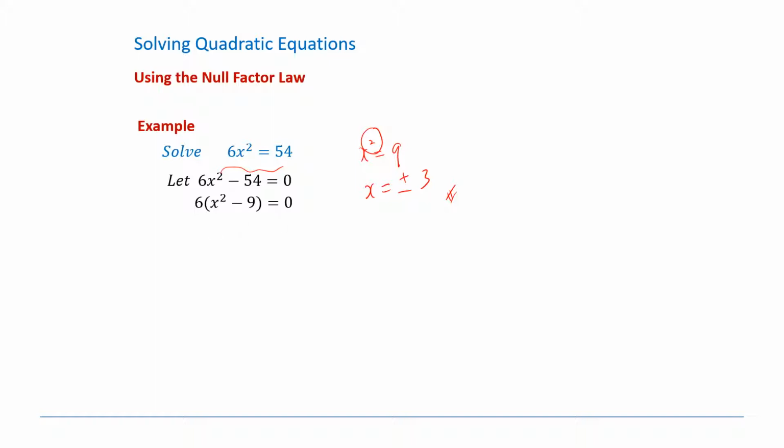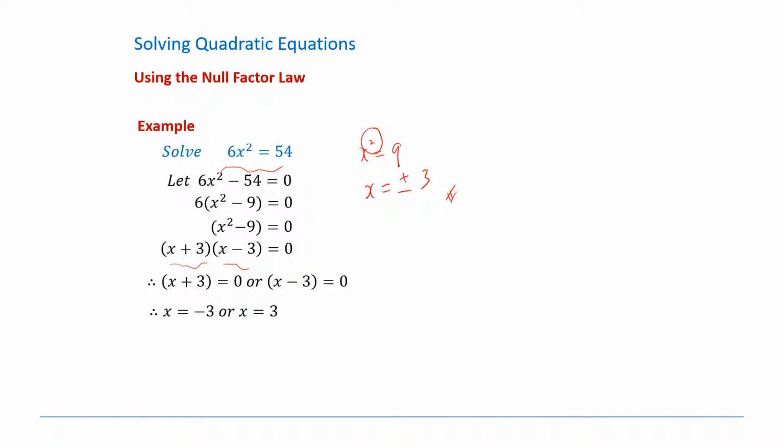So x squared minus 9 equal to 0. I can factorize that into x minus 3 times x plus 3, and solving for x, now using the factor law, x plus 3 equal to 0, or x minus 3 equal to 0, which gives you x equal to 3, or x equal to minus 3.